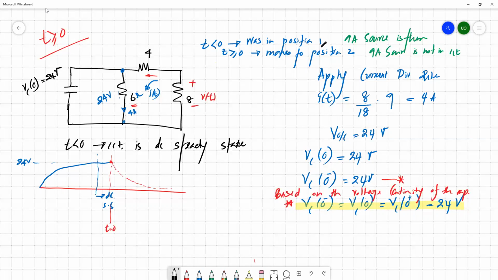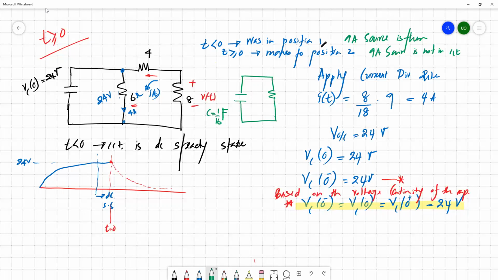So these three resistors can be simplified to a single resistor. Then you have a single resistor here, and we have a capacitor here. This capacitor has a C of 1/16 farad. And what about the resistor? 4 ohm and 8 ohm are in series, so the equivalent would be 12.